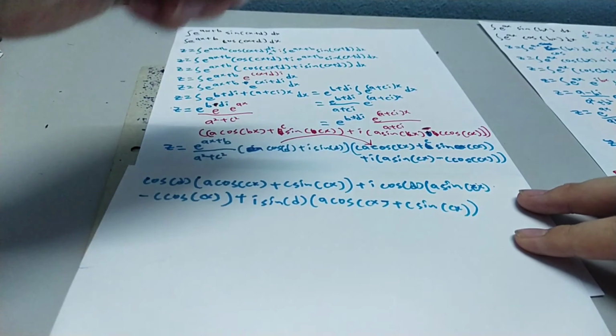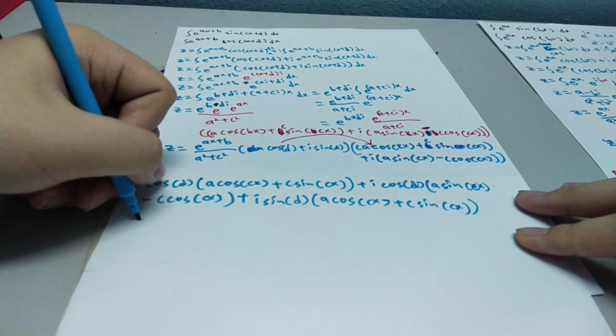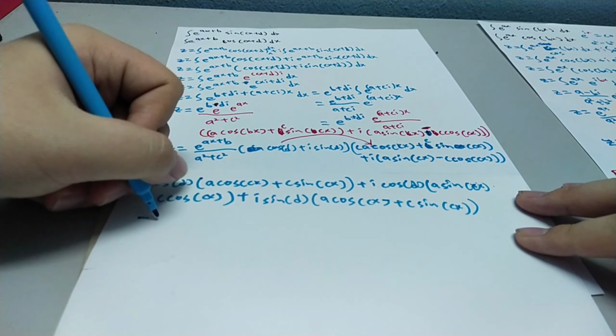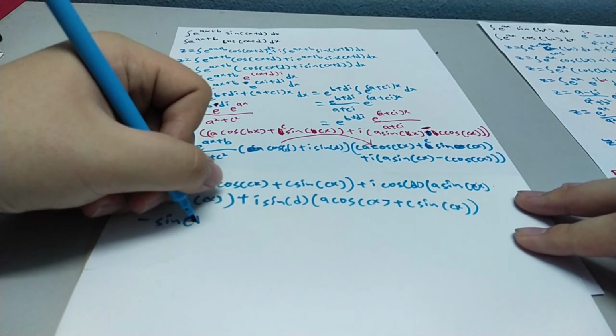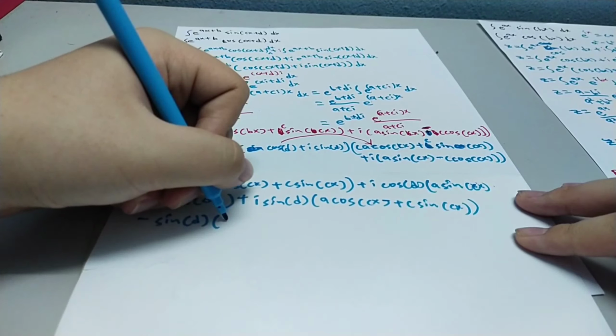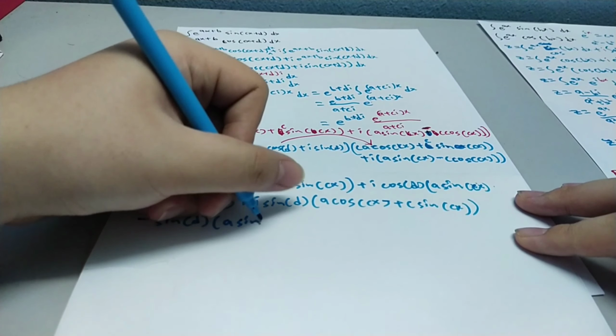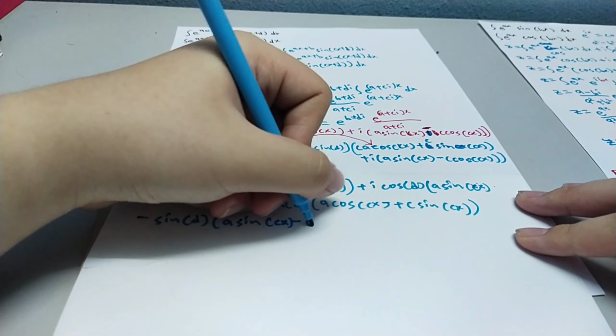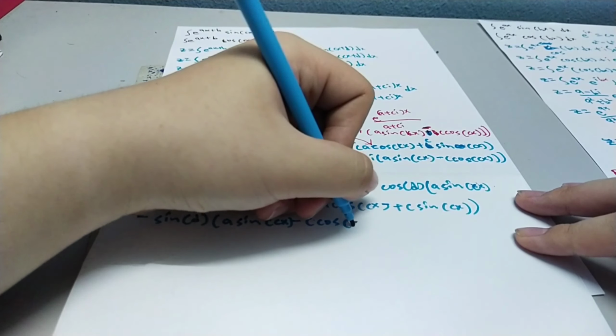and then finally minus, because i times i becomes negative 1, times sine of d times a times sine of cx minus c times cosine of cx.